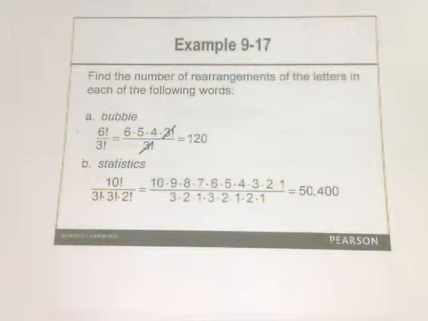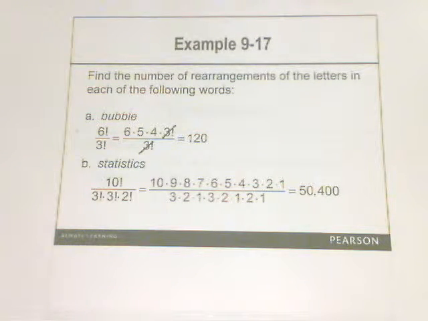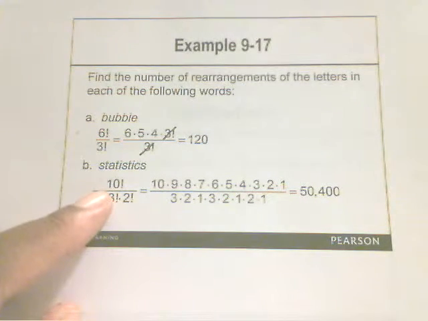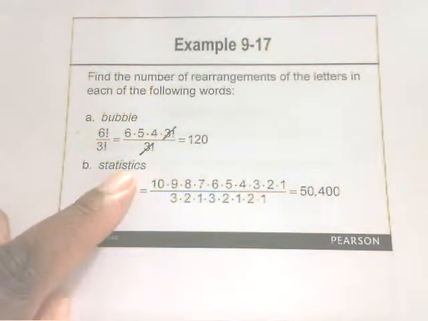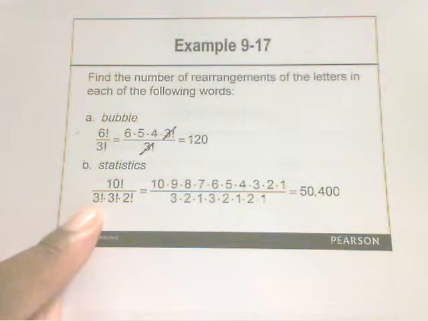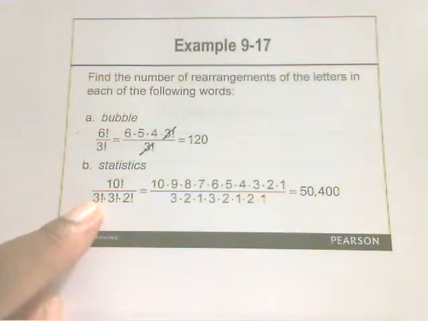Now part B, the word statistics. So let's find the number of rearrangements of the letters in that word. There are 10 letters in the word statistics, so the numerator is 10 factorial. Notice that there are 1, 2, 3 S's in statistics, so you have a 3 factorial.